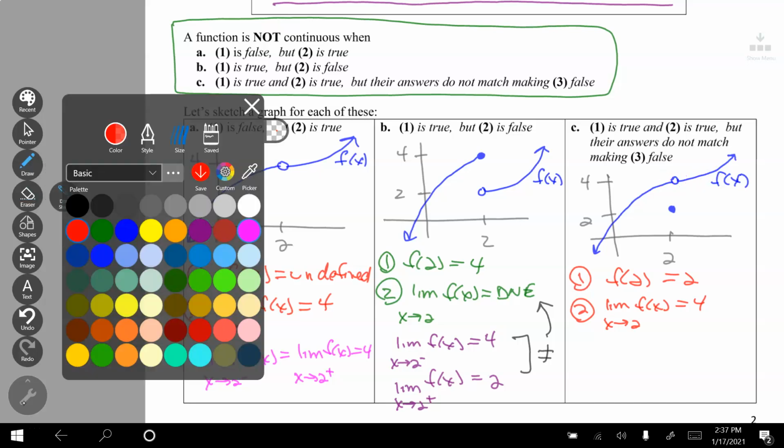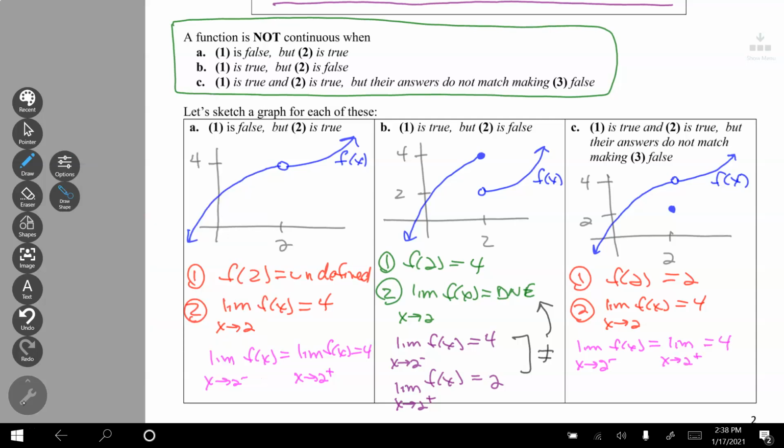So I could write that down as the limit as x approaches 2 from the left of the function is equal to the limit as x approaches 2 from the right of this function. They both equal 4. So right now I have part 1 and part 2 are both true.